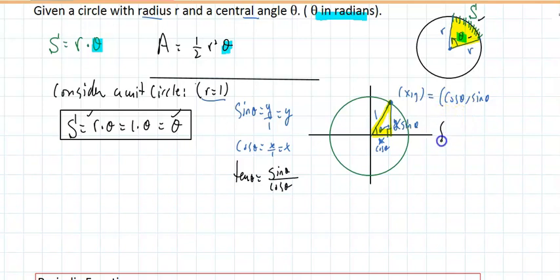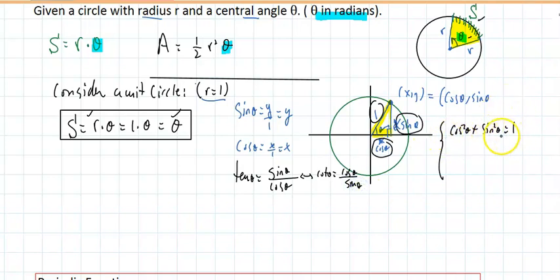And I also know that if I take this side squared plus this side squared, that is 1 squared. And if tan is sine over cosine, then I know that cotan of theta is the cosine of theta over sine of theta.